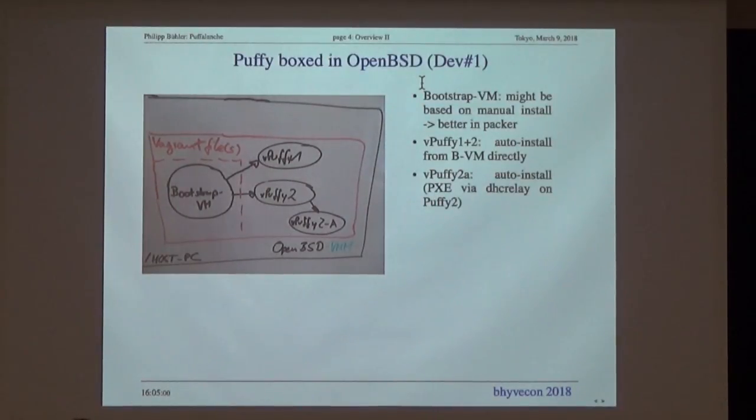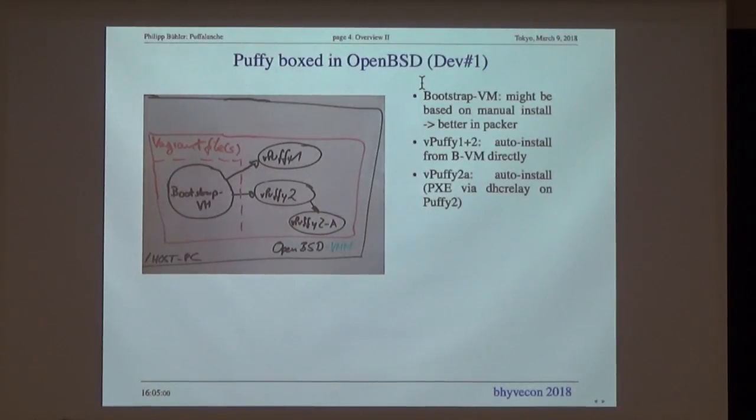So there are 2 machines that can be provisioned directly from that bootstrapper VM, and to have a better view about how this would happen in reality, where the install server might not be on the same switch as the physical machines that will be installed, you can even simulate that. Then you have to run, for example, a proxy and a DHCP relay on Puffy 2 to install that 2-AIM VM.